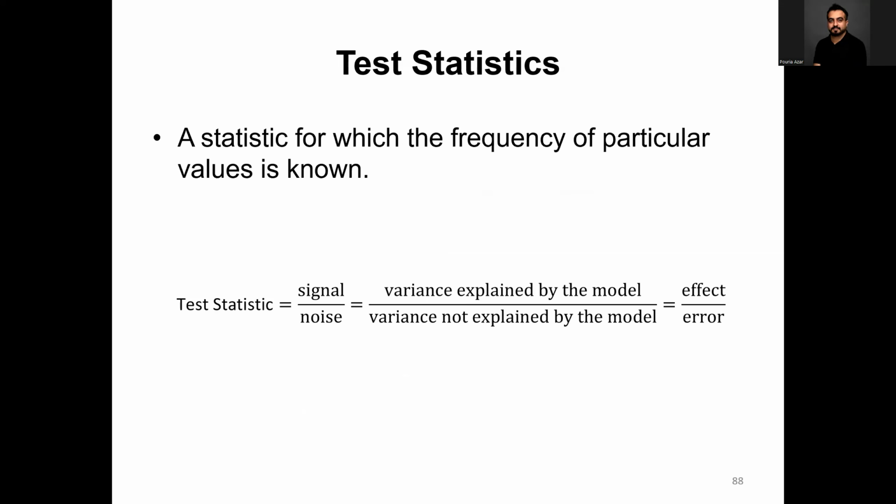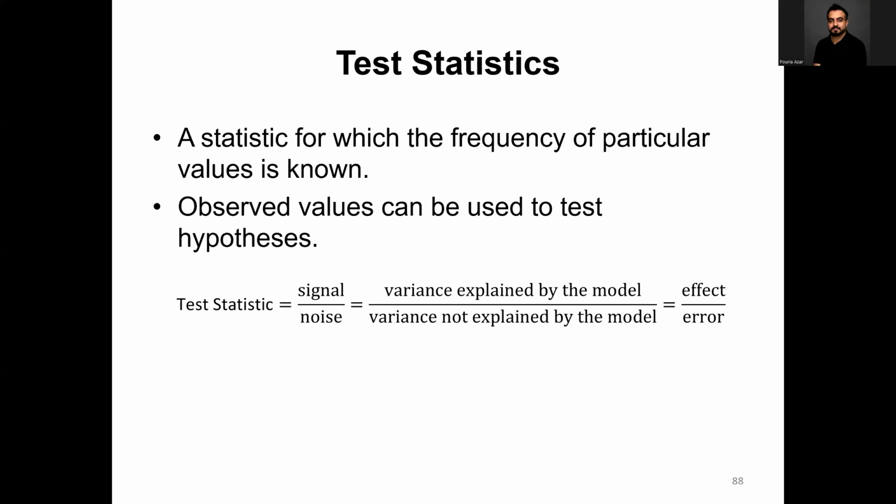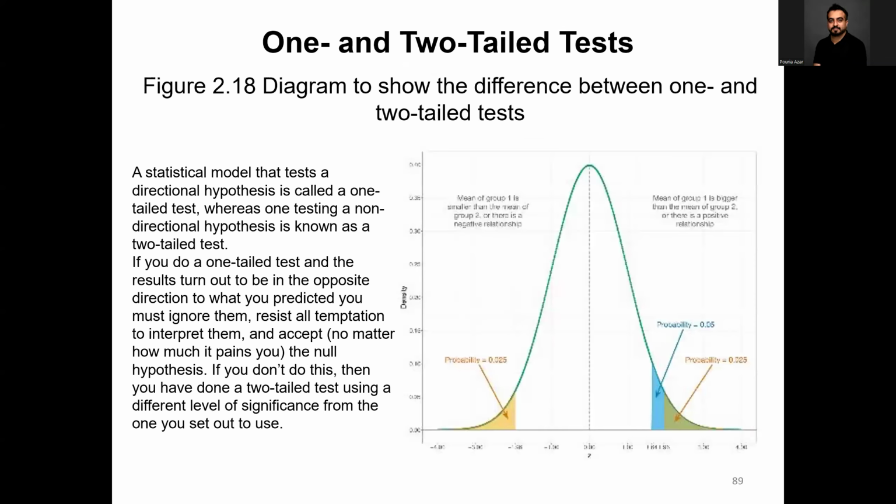We are dividing the variance explained by the model by the variance not explained by the model. That's our test statistic. And as I mentioned, we can have one-tailed or two-tailed tests. If it is a one-tailed test, it's called a directional hypothesis. And whenever it is a two-tailed test, it's called a non-directional hypothesis.